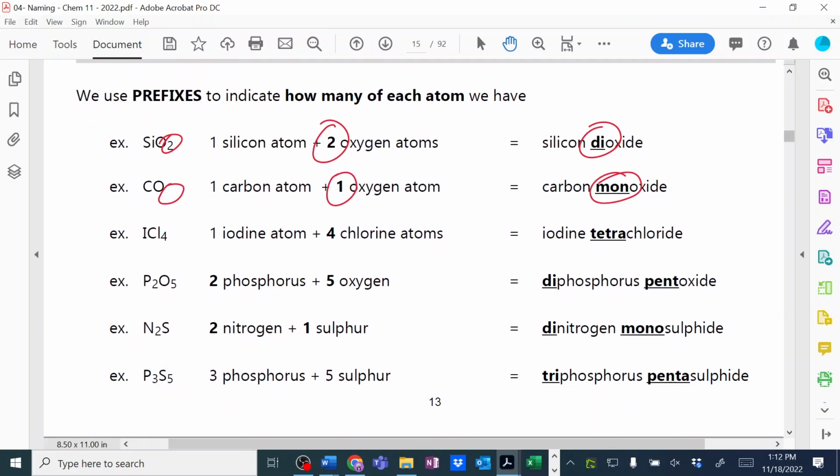We have 4 chlorine atoms in tetrachloride, 5 oxygens in pentoxide, 1 sulfur in monosulfide, and 5 sulfurs in pentasulfide.